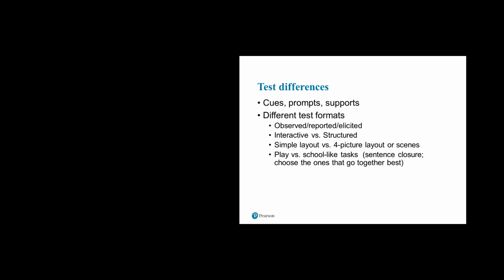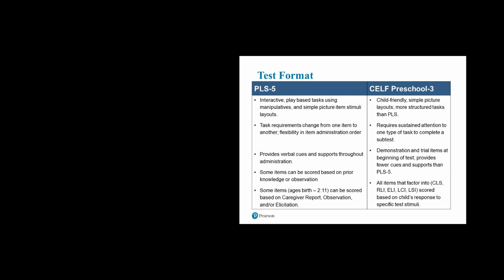In PLS-5, the context around that is more interactive and play-based, and in CELF Preschool-3, it's more structured. So this is a comparison of the formats between PLS-5 and CELF Preschool-3. Many items in PLS-5 require the use of manipulatives or simple picture stimuli.